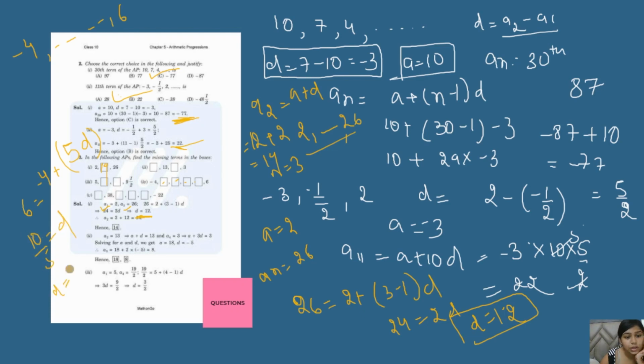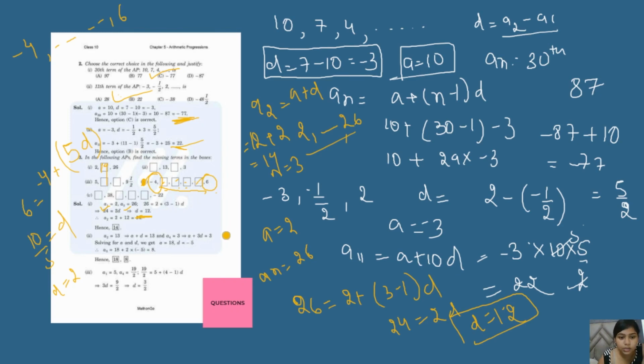d equals 2 in this, like people are asking about this question. This question has lots of boxes, so I've just applied the formula. 6 is your last term, minus 4 is your first term. The number of terms is total 6, and n minus 1 will be 5d, and I have calculated d equals 2.